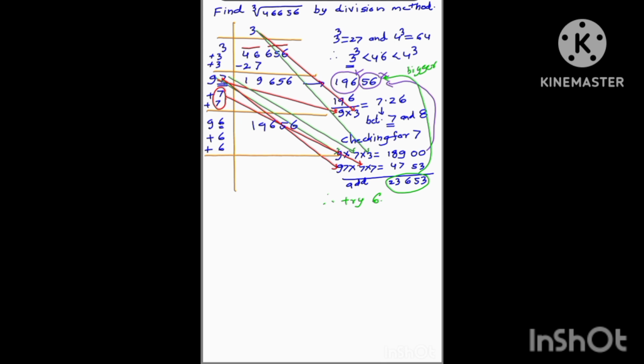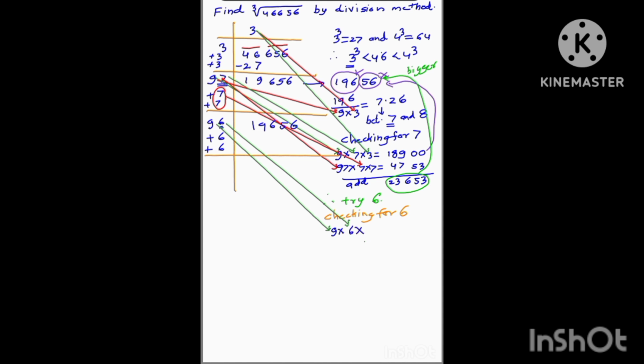So I am checking for 6, the check remains the same. We will take 9 into 6 into 3. See how I am taking it. This will give you an idea and some practice of how we find a cube root by the division method. From here I am taking 6. We are checking for 6 now, into 6 into 3, and that 3 will always remain like that.